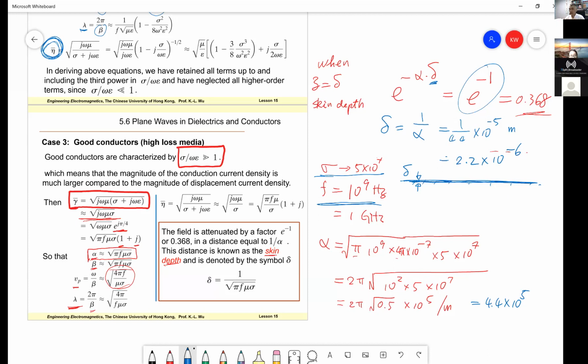So this skin depth for this particular example, let me put it here, we follow this relation.